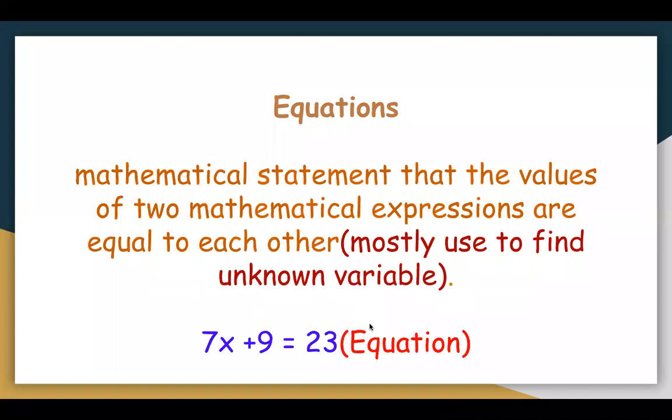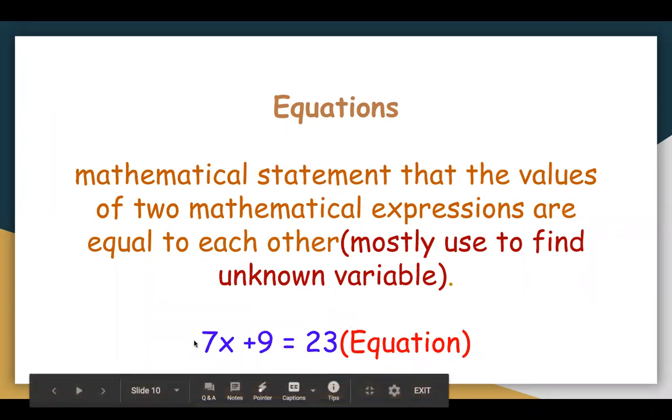Equation. It's a mathematical statement that the values of two mathematical expressions are equal to each other, mostly used to find an unknown variable. You have seen this kind of expression, like 7x plus 9 is equal to 23.